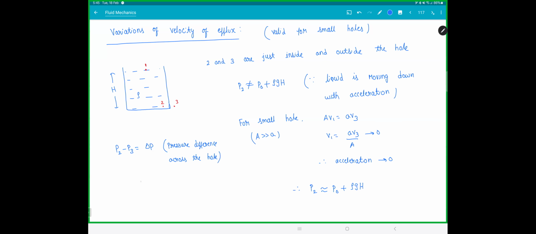So the velocity of efflux is given by root over 2 times delta P by rho, the liquid coming out.